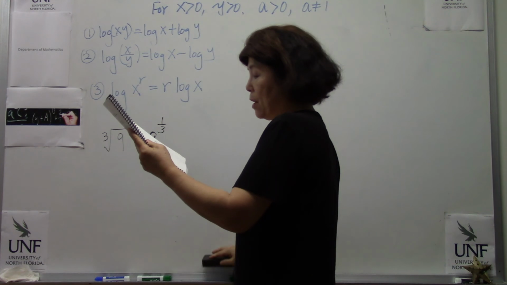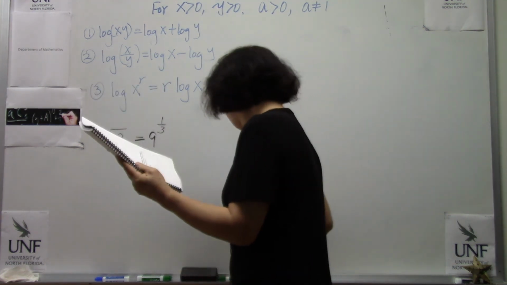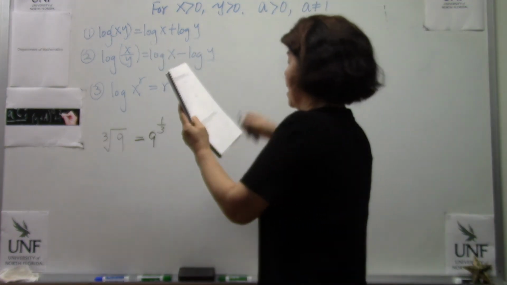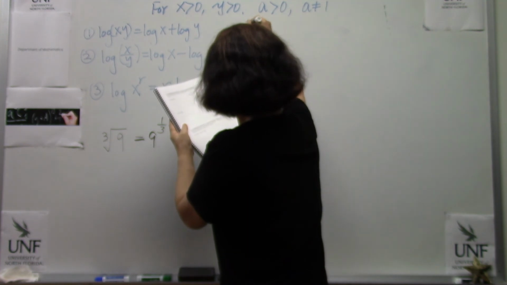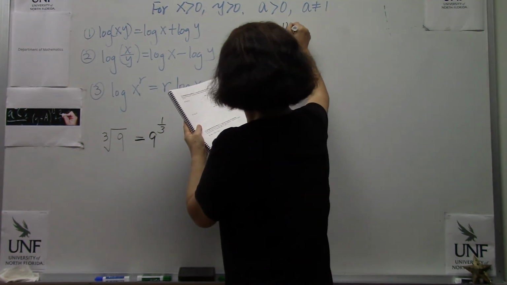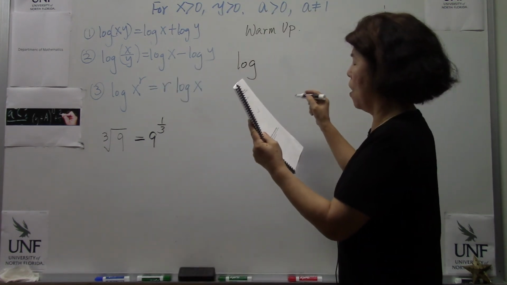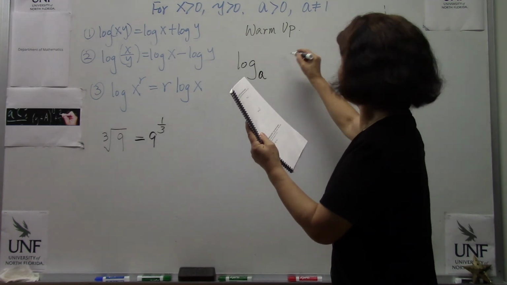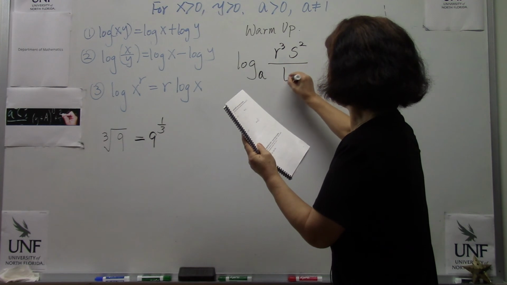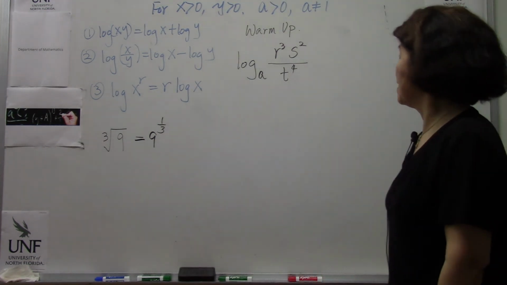In the margin somewhere, I'm going to do a warm-up problem first: no radical, simply log base a of r cubed s squared over t to the 4th. No radicals whatsoever.